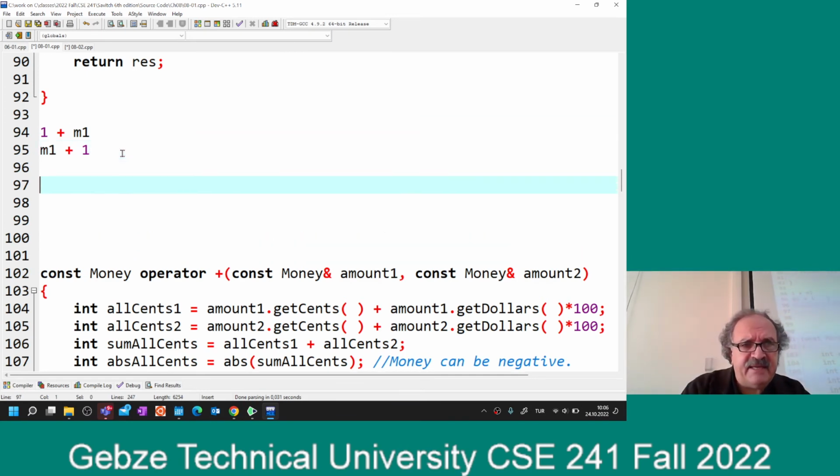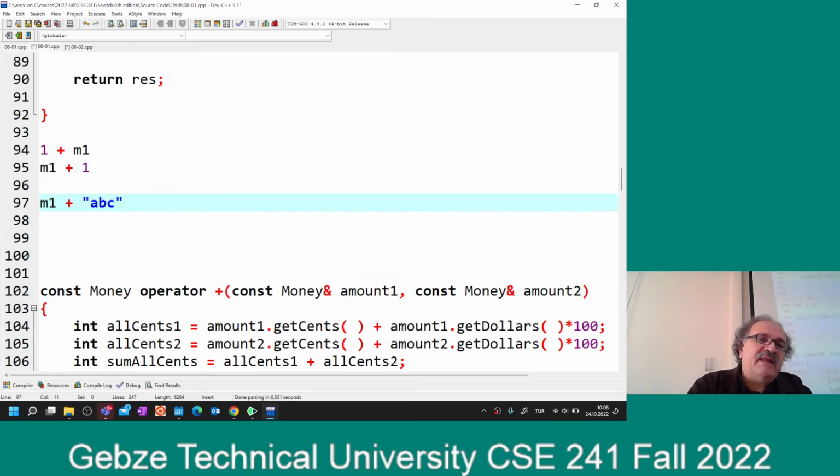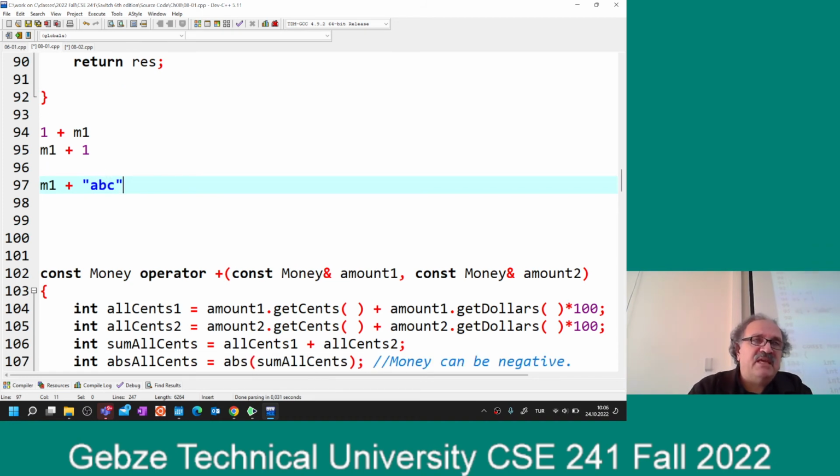I mean, if I say m1 plus ABC, then compiler knows that ABC is a string. Is there an operator that takes a money object and a string object? No. Can I make a money object out of this ABC? No. So this is not compilable, compiler says.